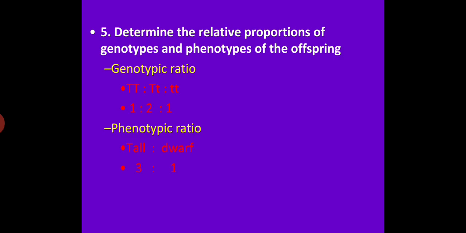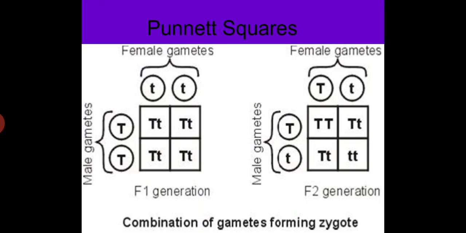The genotypic ratio is 1:2:1, while the phenotypic ratio is 3:1. Here is the Punnett square of both the F1 generation and the F2 generation. In the F1 generation, all the plants are heterozygous, while in the F2 generation, there is 1 homozygous tall, 2 heterozygous tall, and 1 homozygous dwarf.